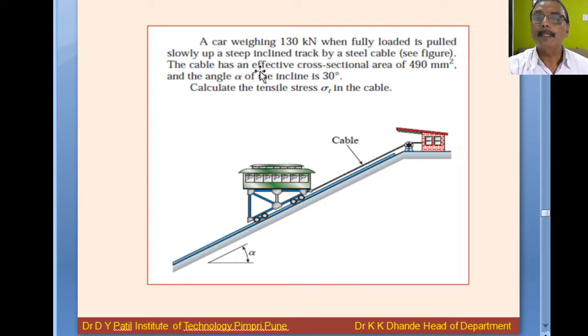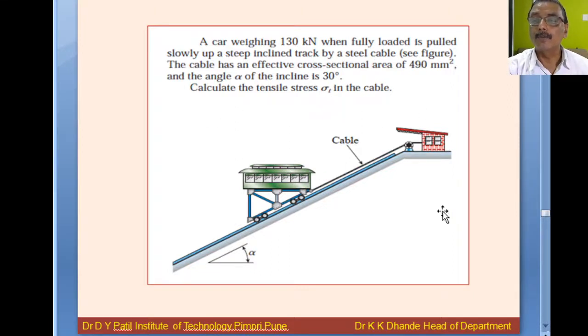The cable has an effective cross-sectional area of 490 mm square and the angle of inclination alpha, the inclined angle of that plane, is 30 degree. Calculate the tensile stress sigma T in the cable. T indicates tensile. We have to calculate the stress induced in the tensile bar.